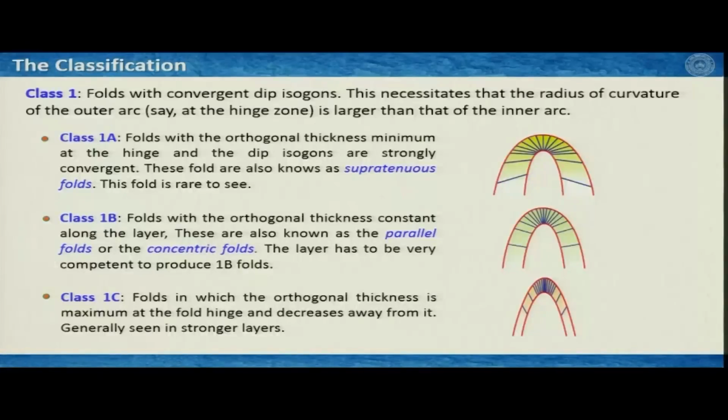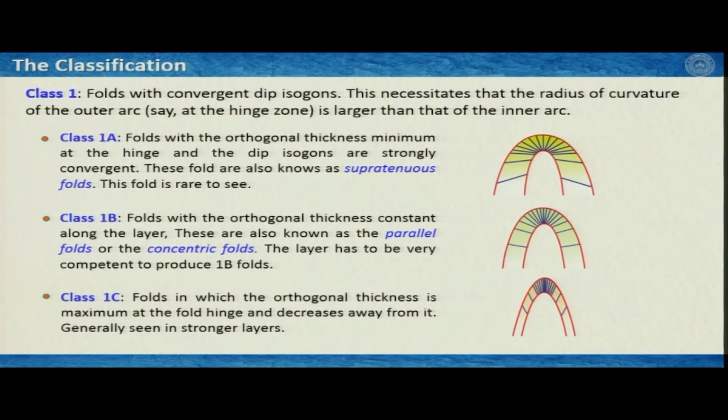So, class 1 folds are the folds with convergent dip isogons. As you can see here in these 3 images, we will come here later, this requires that the radius of curvature of the outer arc, or say at the hinge zone, is larger than that of the inner arc, or in other words the extrados has higher curvature than the inner arc.